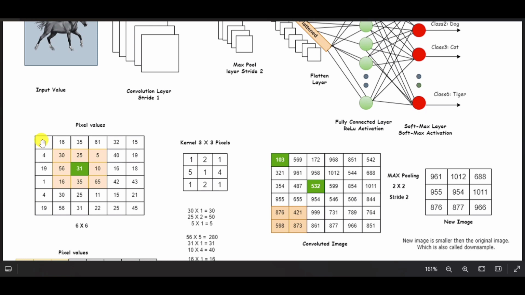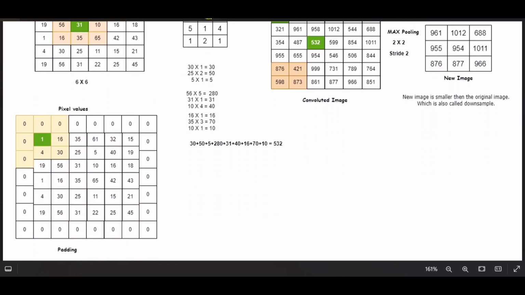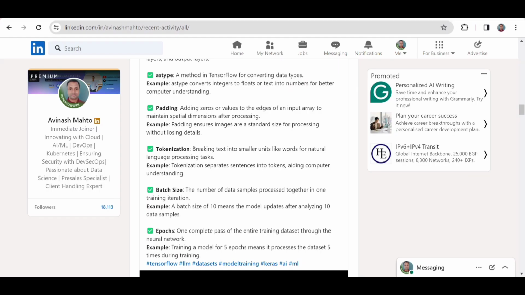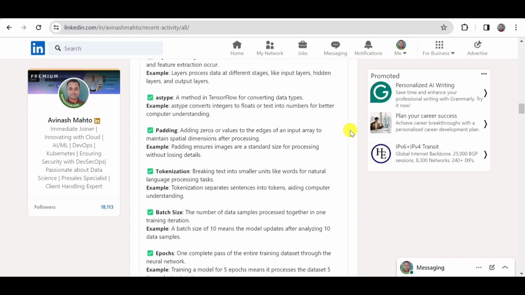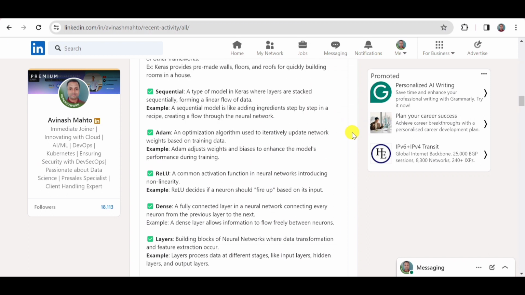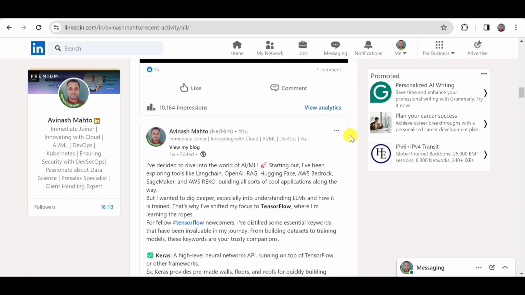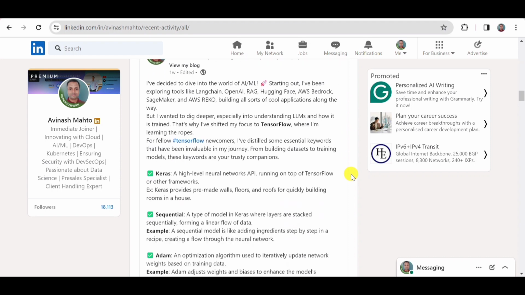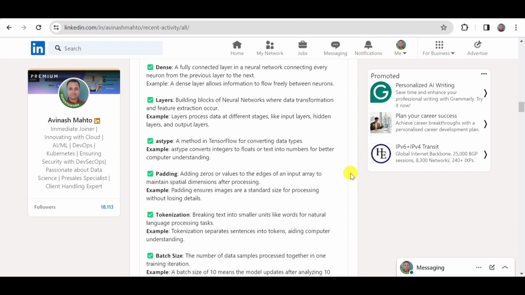Right, guys, here padding comes into the picture. Now you ask me what padding is. If you follow me on LinkedIn, a few days back I already posted about the main parameters required to learn for any machine learning beginner, where I explained what padding is.